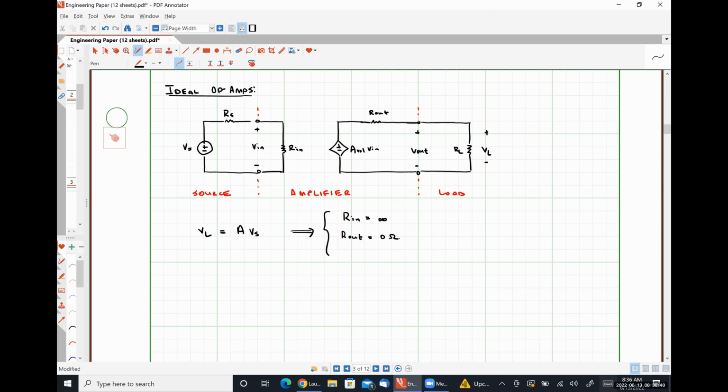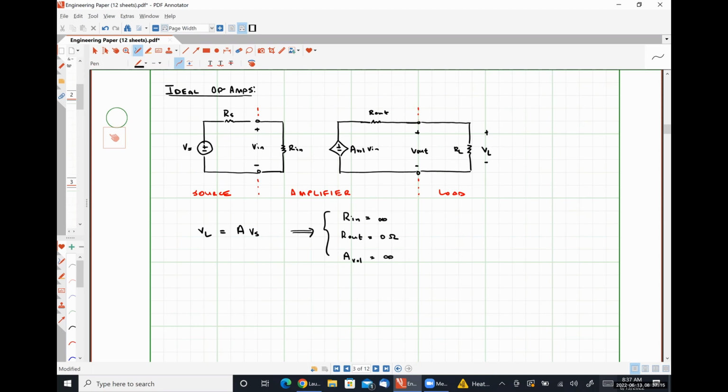Now let's talk about idealizing our gain. In an ideal amplifier, we want our open loop gain to be as large as possible, or infinity. The reason why we want our open loop gain to be as large as possible is because our closed loop gain will then be determined entirely by our feedback network.